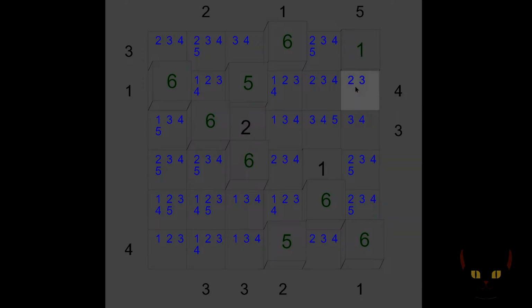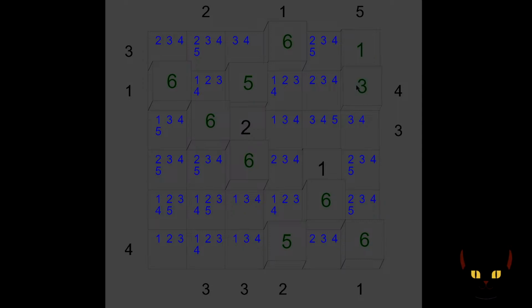Let's see. 4 and 3 and 5. I'm gonna jump straight to a double layered guess here.